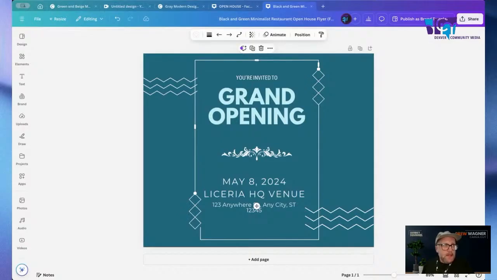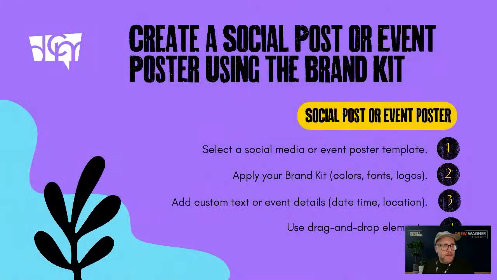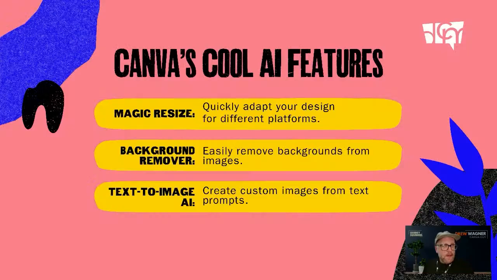So let's go back to the slides. Now we will go through some of Canva's AI features. We just did resize, but we'll see what the background remover looks like.